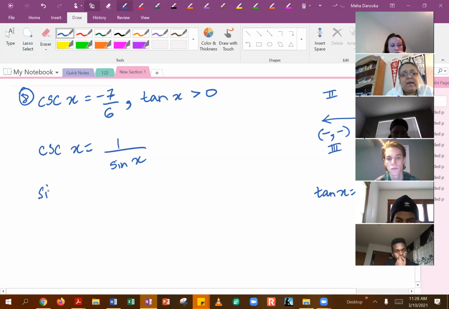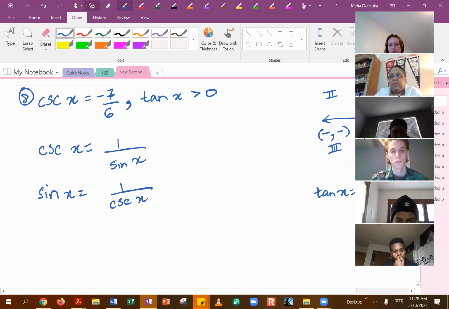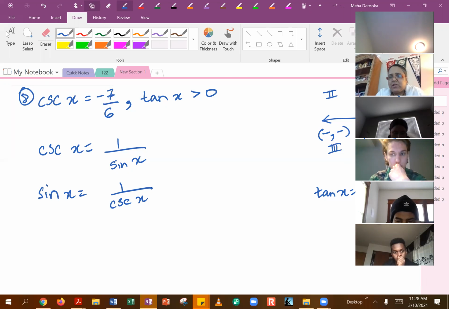Yeah, basically, yeah, very good. So does that help you come up with the sine function? Shu, what do you think your sine function will come out to be?